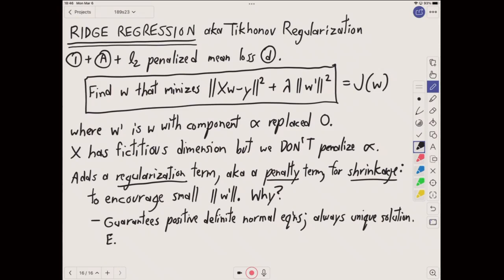A particularly common example is when you have more features than sample points, when d is greater than n. Then you will always get singular normal equations in standard ordinary least squares regression. But in ridge regression, that's not going to happen. We're always going to get a positive definite matrix.